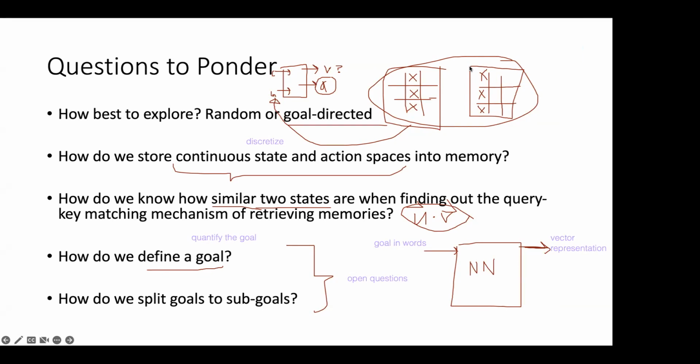I see. Then just one last comment on the last open question here. How do you split the goals into sub goals? Actually, I've done something related in the past. If you have something like a knowledge graph, basically a prior knowledge, a structured prior knowledge, then you can actually infer based on that.